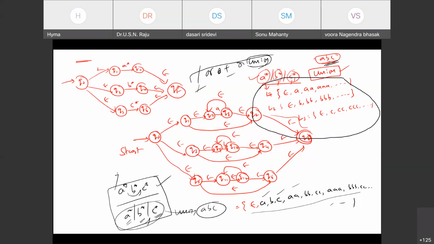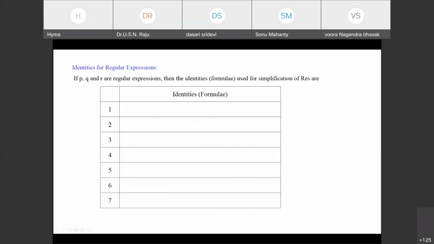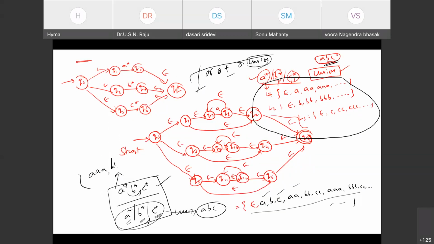But now you tell me, do you have triple A as part of this language? First, A star, B star, C star. Triple A is part of this language. Yes, sir. Then ABC. ABC is part of this language, for the above language I'm talking about.